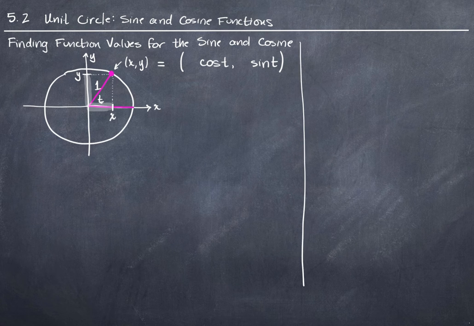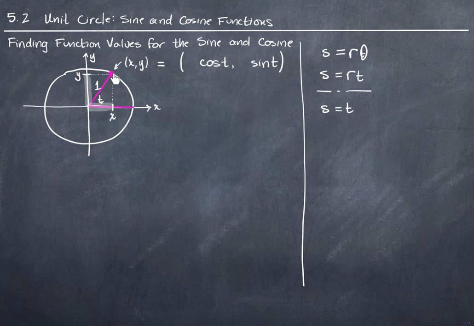Let's take a moment and recall that we had a formula in the previous section, s equals r theta, which we can now rewrite as s equals r t. And when r equals 1, when the radius is 1, we have just s equals t. So what that means is that as long as the radius is 1, the arc length out to some point is equal to the measurement of the angle.